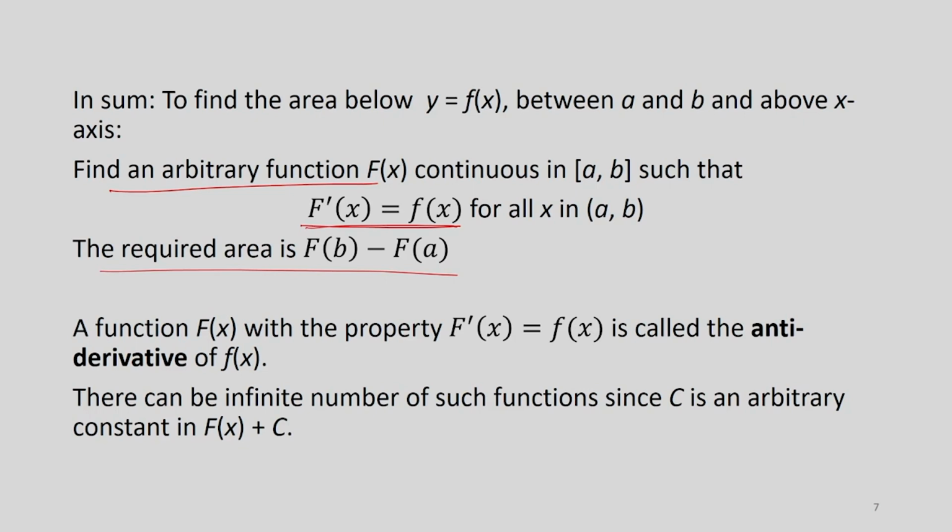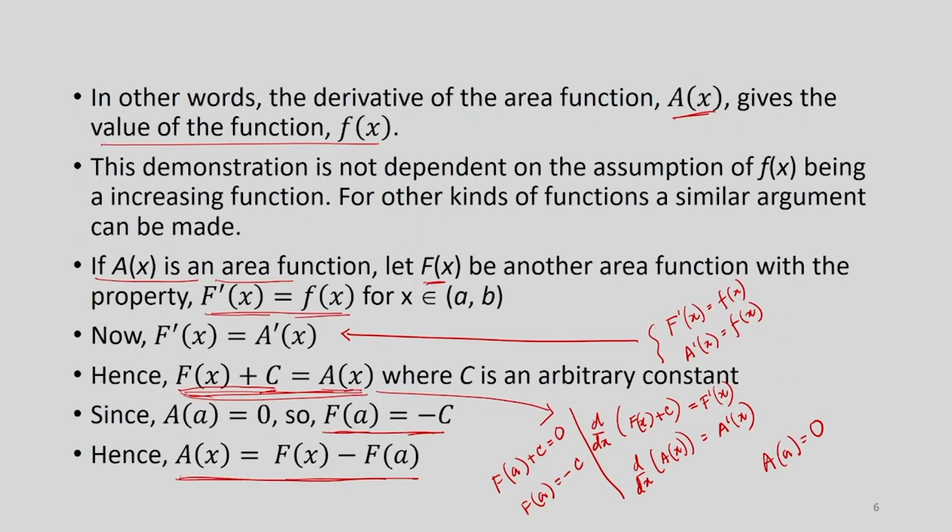I have just seen here, because remember F(x), capital F of x, is a function which is such that F dash of x is equal to f(x), and there is another function A of x which is defined in such a way that A of small a is equal to 0, and using this function and using the relationship this, I have found out that A of x is equal to F of x minus F of a, and from this I can get what?